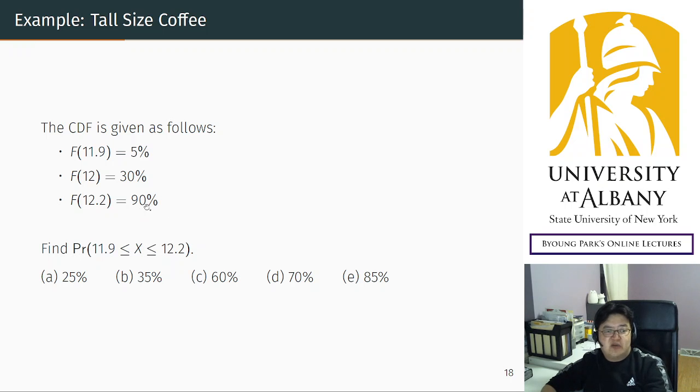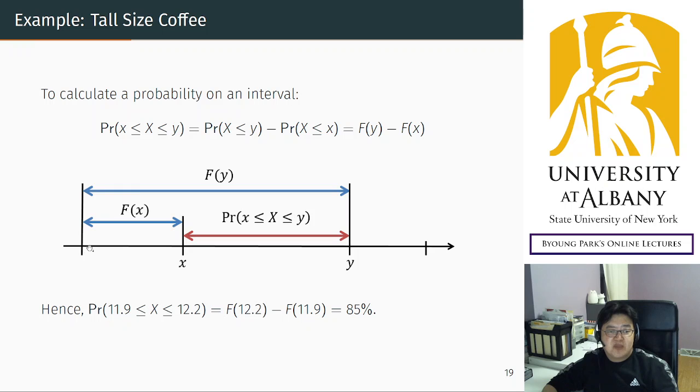The answer is coming from the first CDF and the third CDF. So we know that, again, smaller than 11.9 is 5%. Smaller than 12.2 is 90%. Then we may understand them this way. We know that from 0 up to 12.2 is 90%, and from 0 to 11.9 is 5%.